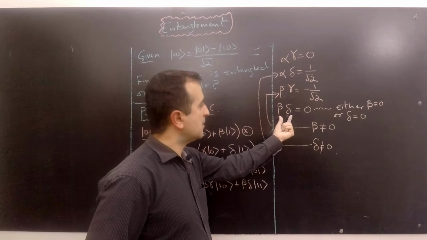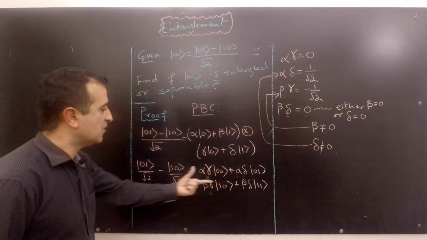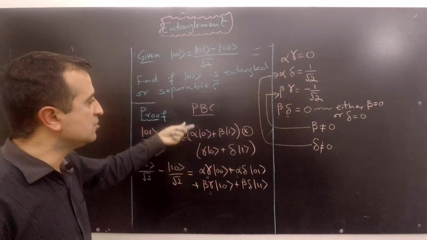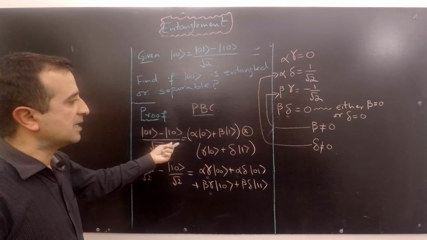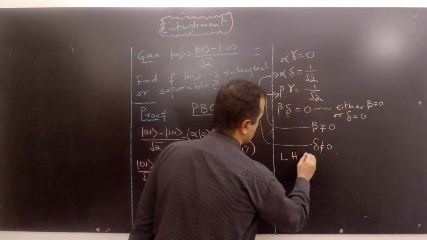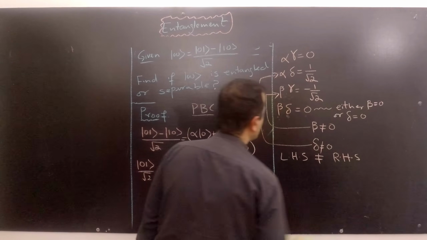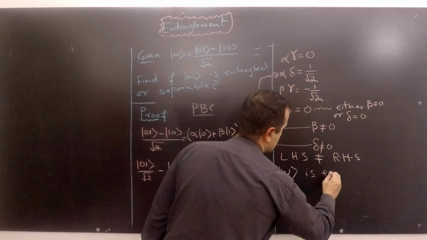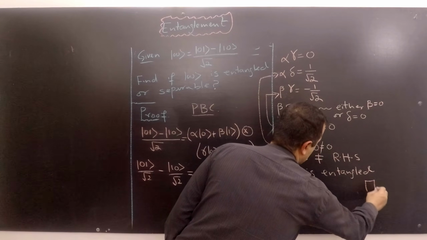Therefore beta times gamma cannot be equal to 0. Hence this equation cannot exist. This is a contradiction. Therefore our original supposition that this state is not entangled is wrong. So the left hand side cannot be equal to the right hand side, thus proving that ket omega is entangled. And this finishes our proof.